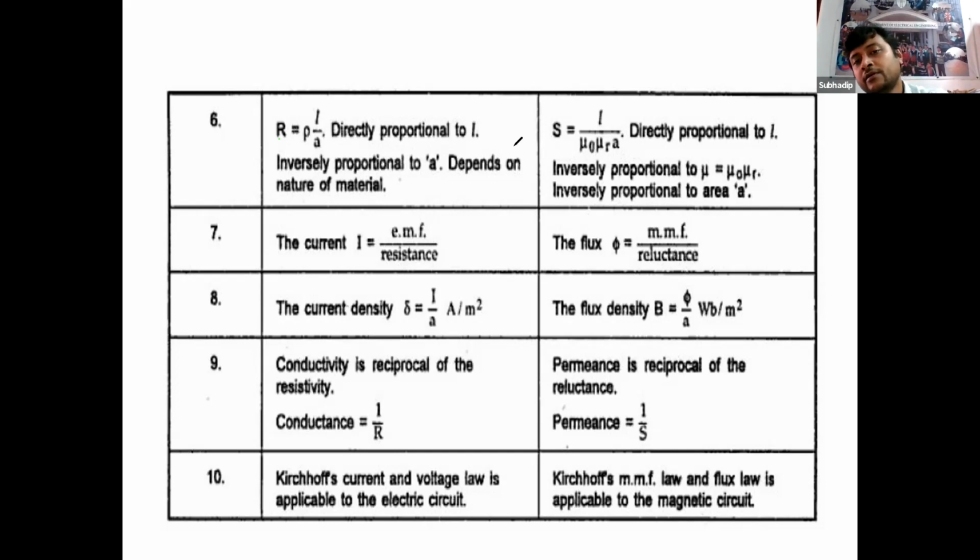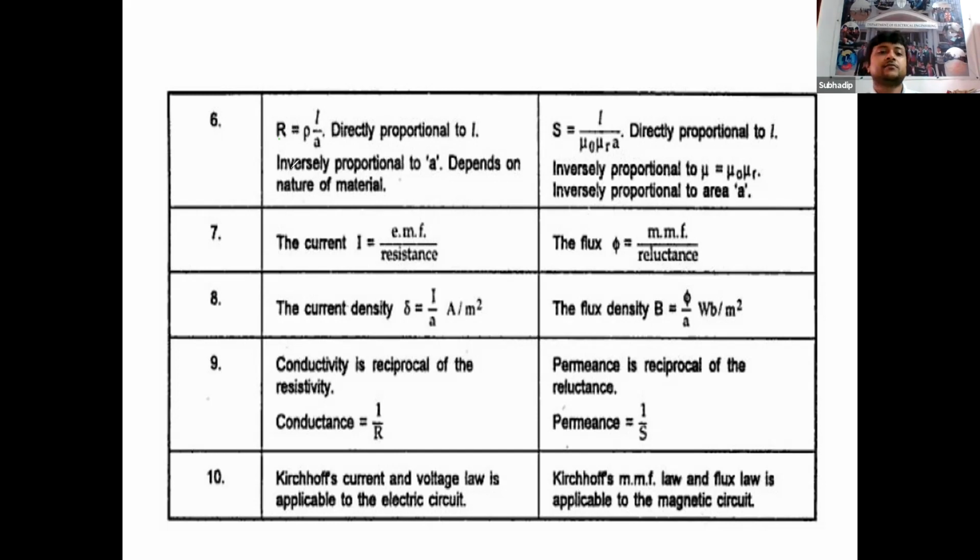If I come to the magnetic circuit, the reluctance is given by S equals L by mu naught mu r into A. This is directly proportional to L and inversely proportional to mu, which is mu naught mu r. Here mu r is the magnetic permeability of the material, and mu naught is the magnetic permeability of free space. It is also inversely proportional to the area of cross section A.